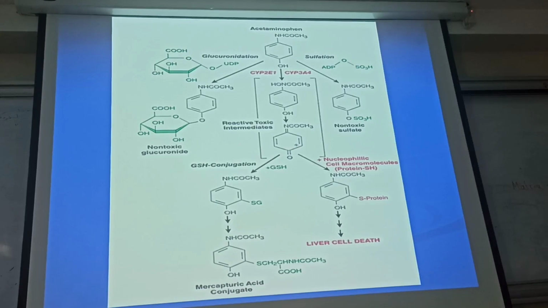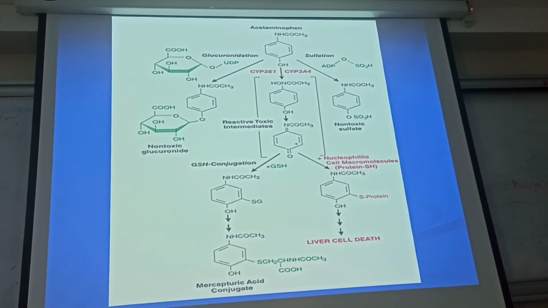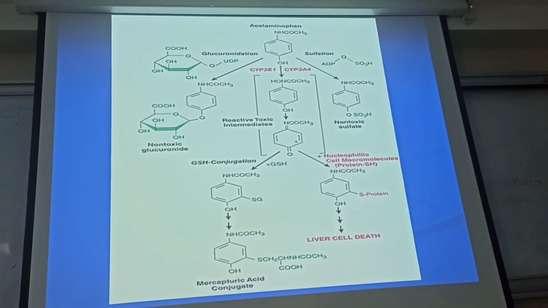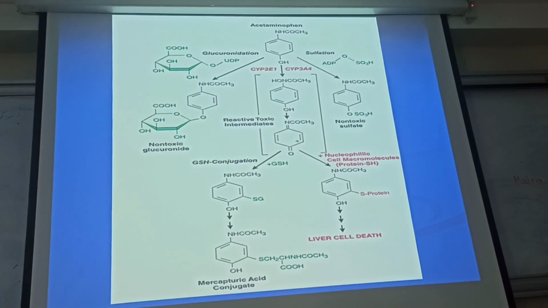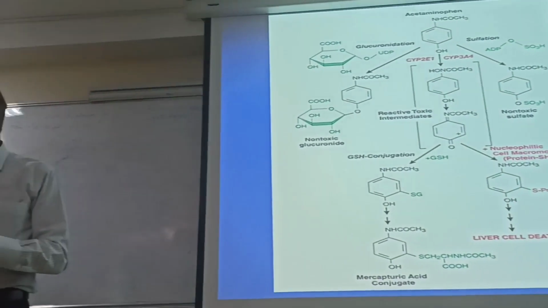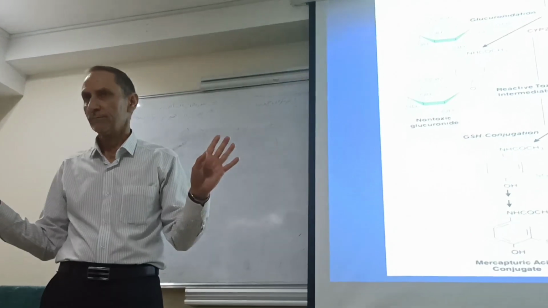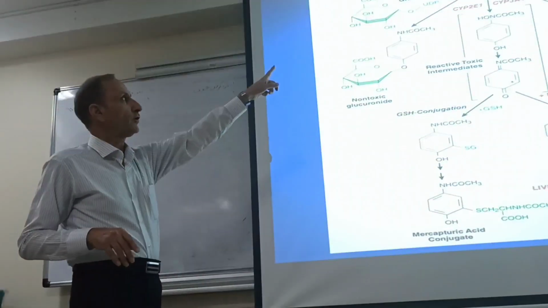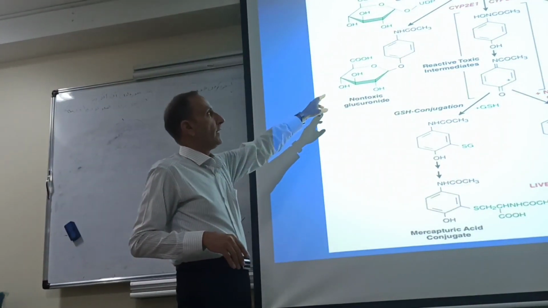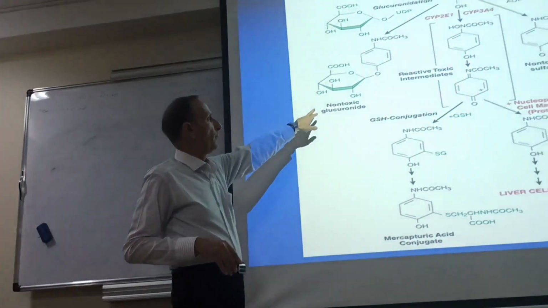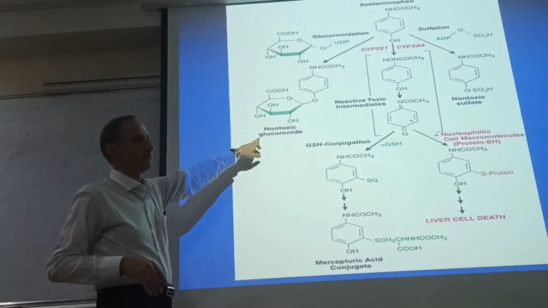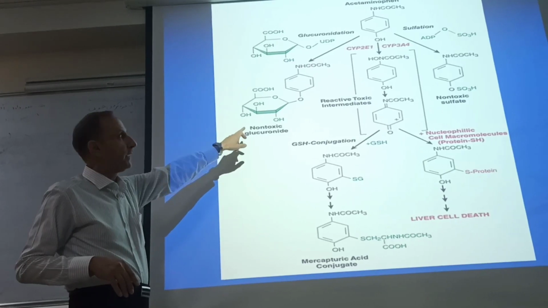We have metabolism of acetaminophen. I said that when we use therapeutic doses of acetaminophen, we have no toxicity. In therapeutic doses, a part of acetaminophen is glucuronidated, which is non-toxic.